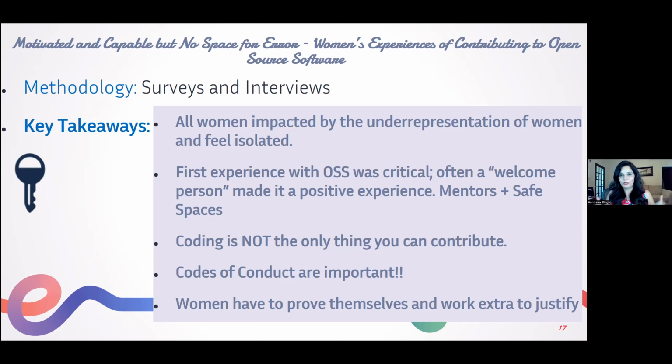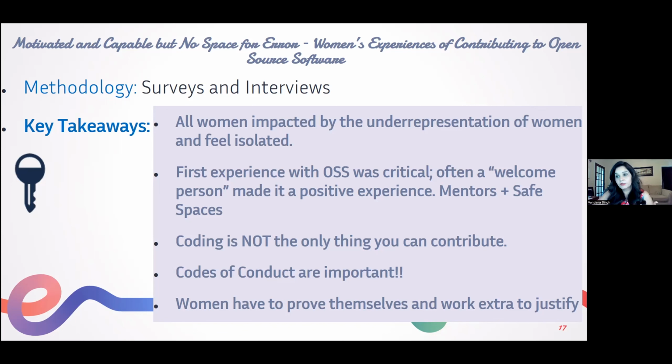So the point being, if there were more, then one person doesn't have to represent. It was very important what their first experience was like. If in their first experience they had a welcome person or somebody who helped them through hackathons or some in-person programs, then they found these mentors and felt more comfortable contributing.